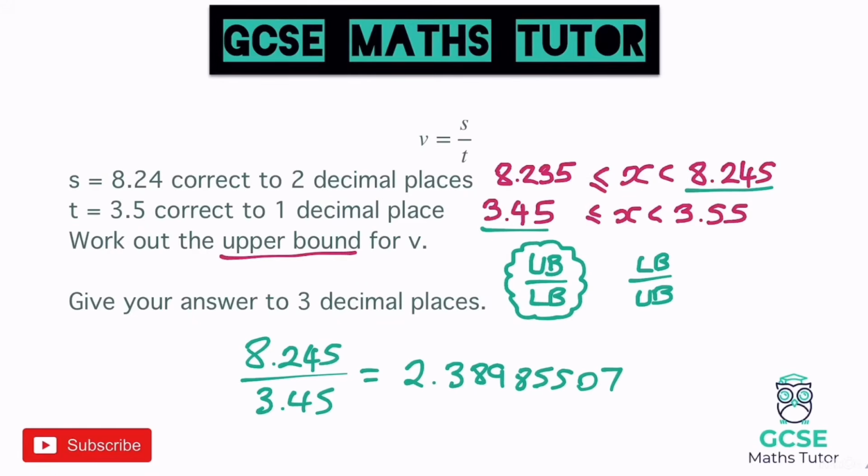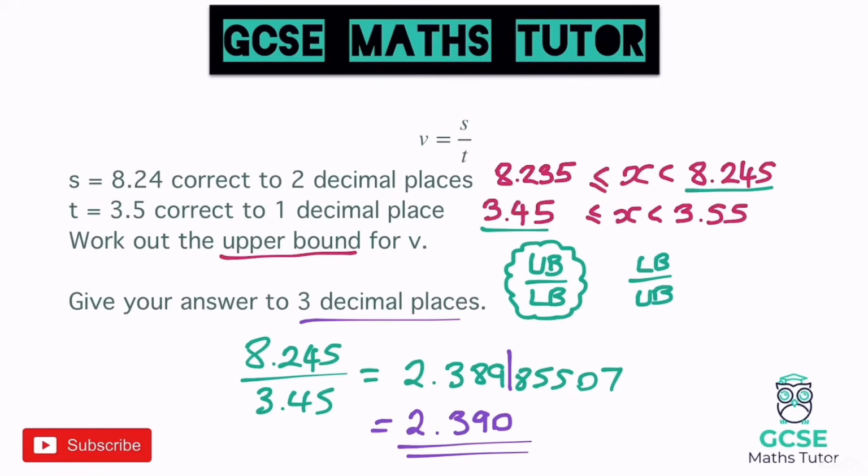Always just write down all the numbers and then round it however you've been asked in the question. This one says 3 decimal places, so let's chop it after the 9, and that would go to 2.3, and this is a bit of a dodgy one because the 8 rounds the 9 up, so it would go to 2.390, keeping the 0 in there. It does say 3 decimal places, so 2.390 would be my answer there.